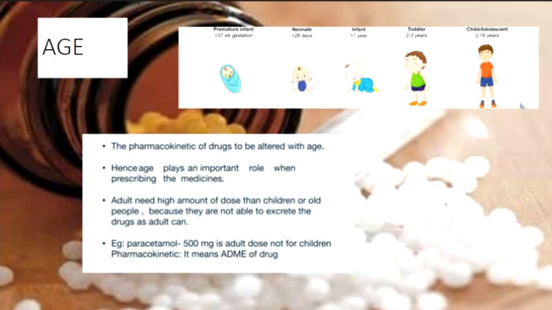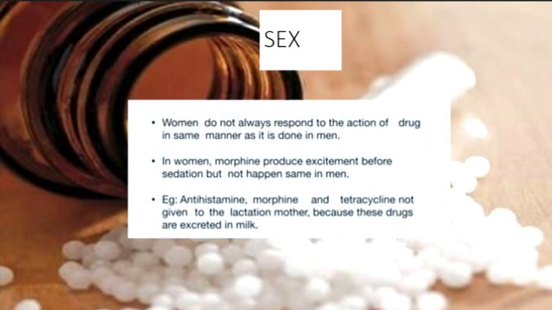The next one is sex. It may vary for male and female, and also for puberty females and pregnant females. So the female has many types, right? There are women, then pregnant women, then people in puberty. These should be noted, because some medicines cause side effects when administered at a particular time, like pregnancy or puberty.